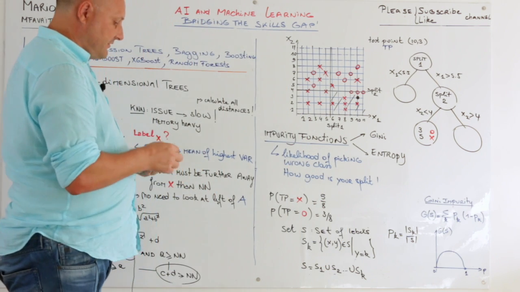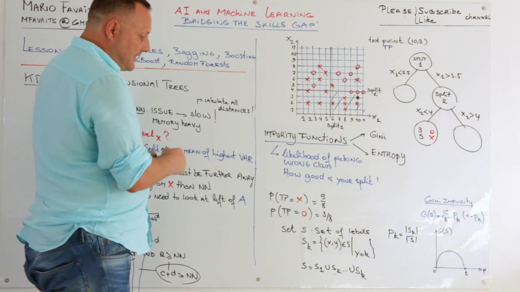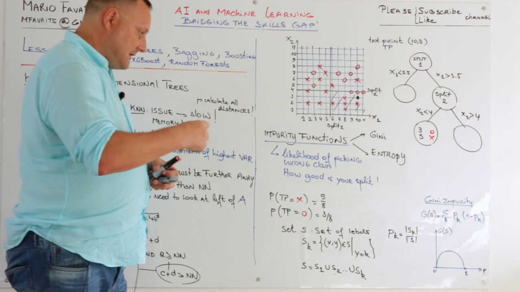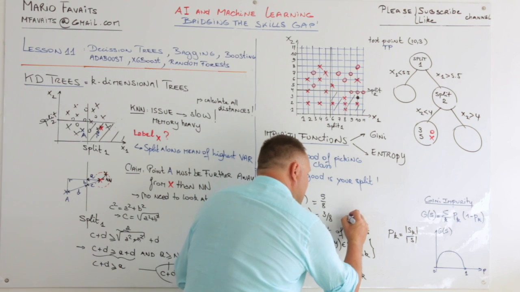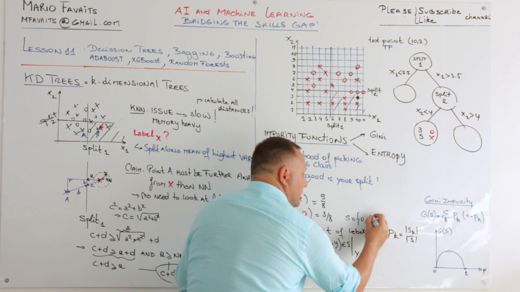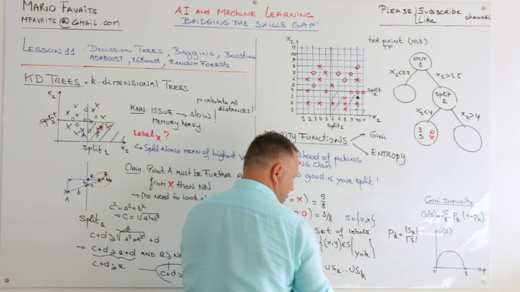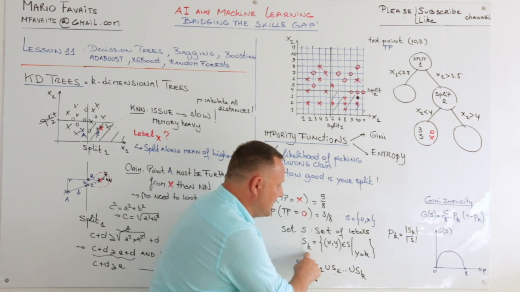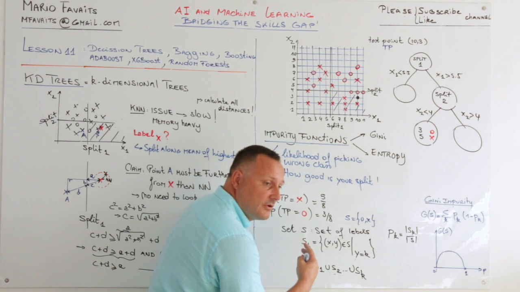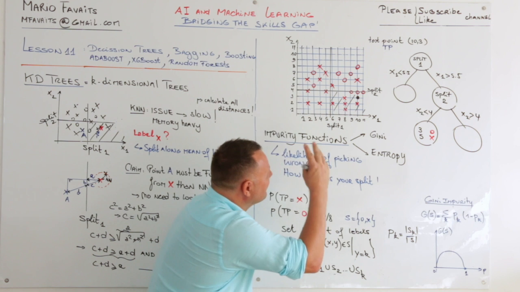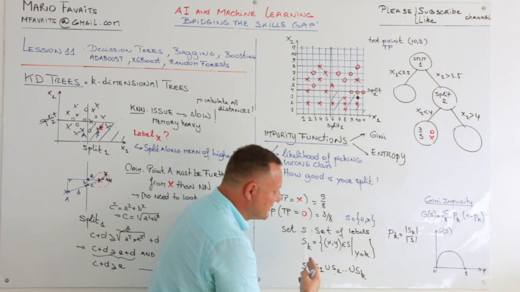So some formalities now. Let's call S the set of labels. In our case, S equals the circle and the cross. We only have 2 labels. S_k are all the points with label k. We can decide in what rectangle we will measure.